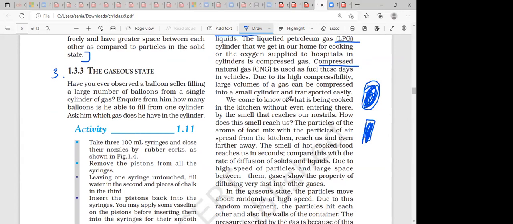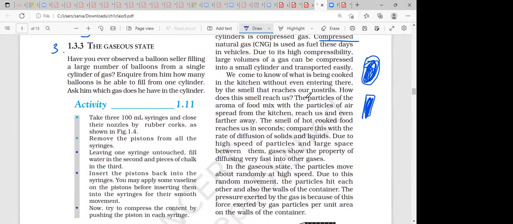Okay. We come to know what is being cooked in the kitchen without even entering there by the smell, which we have already discussed. The particles of aroma of food mix with the particles of air, spread from the kitchen, and reach us and even farther away. The smell of hot cooked food reaches us in seconds compared to the rate of diffusion of solids and liquids.